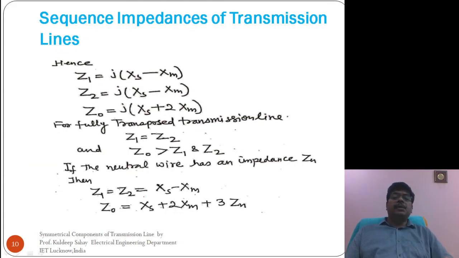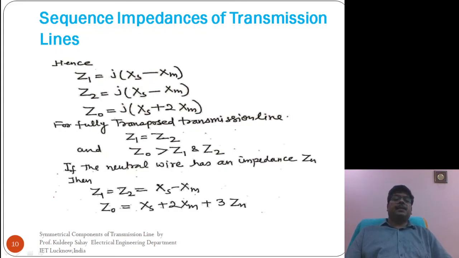While if the neutral wire has an impedance of Zn, then an additional value of 3 Zn will also come into the picture. Again I am repeating, the fully transposed line is a symmetrical one.